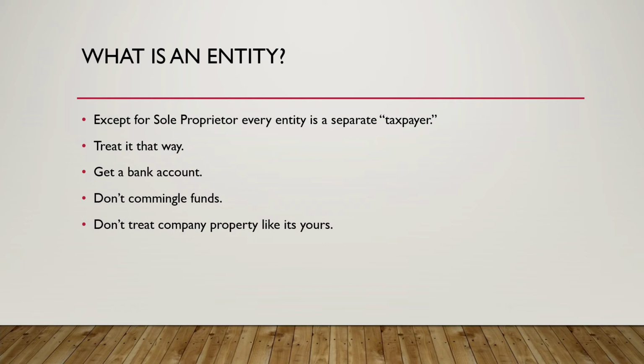That means you can't dip into company funds whenever you want to for personal reasons. You can't use company assets, the condo, the whatever it might be, for your own reasons. You can't buy your family iPads for Christmas. That sort of thing. Don't treat company property like it's yours.